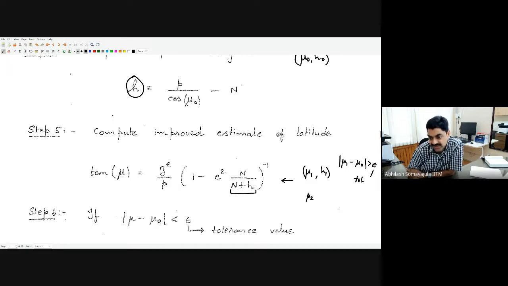Then look at the difference between mu2 and mu1. Suppose that is less than epsilon. Then I terminate here. Mu2 is the value of the latitude and equivalently h2 is the value of the height. Is that making sense? How that iterative part is working?